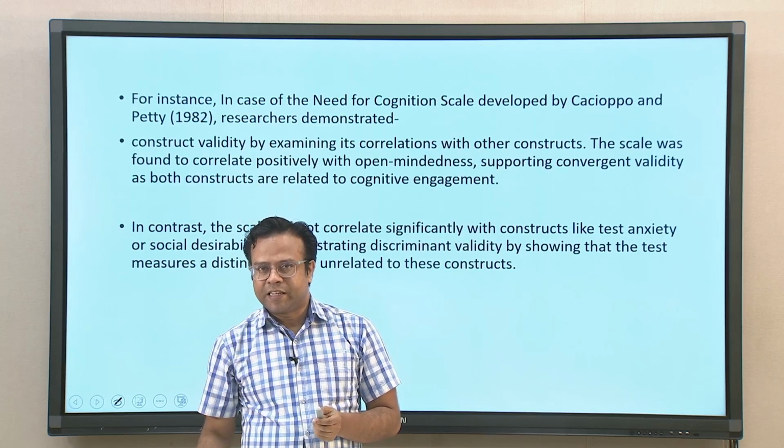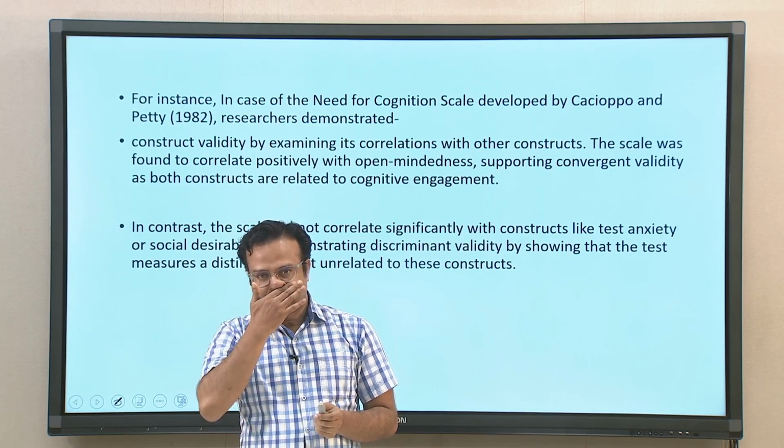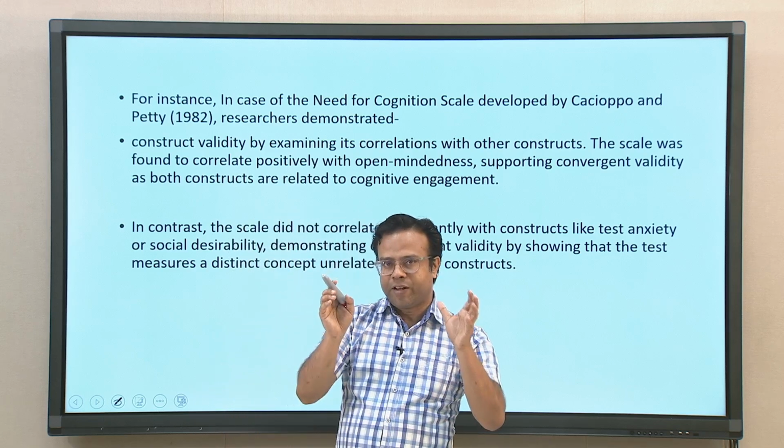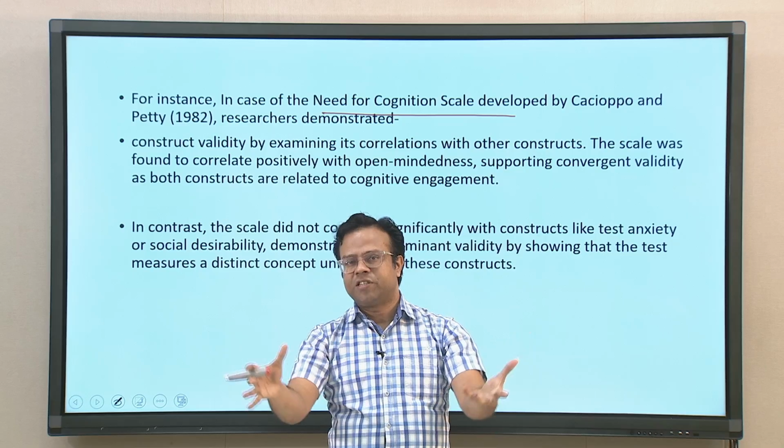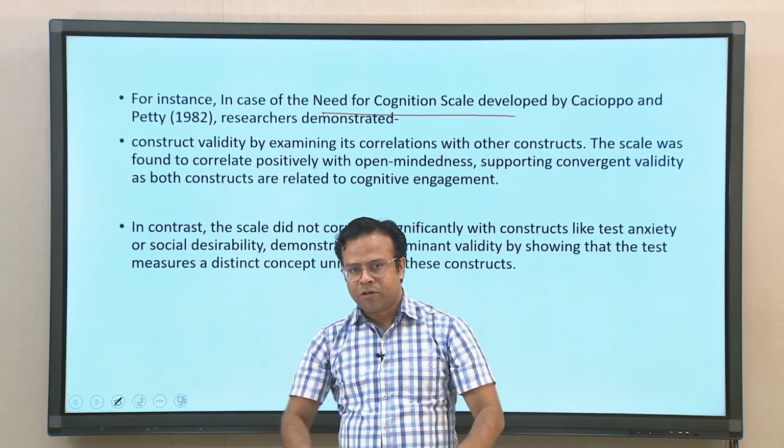This is an example of how it is established. For example, there is a very well known scale called the Need for Cognition Scale. It was developed by Cacioppo and Petty in 1982, and it is still used, one of the very popular scales in the field of psychology. So, this scale was developed, and how was the construct validity of this scale tested out?